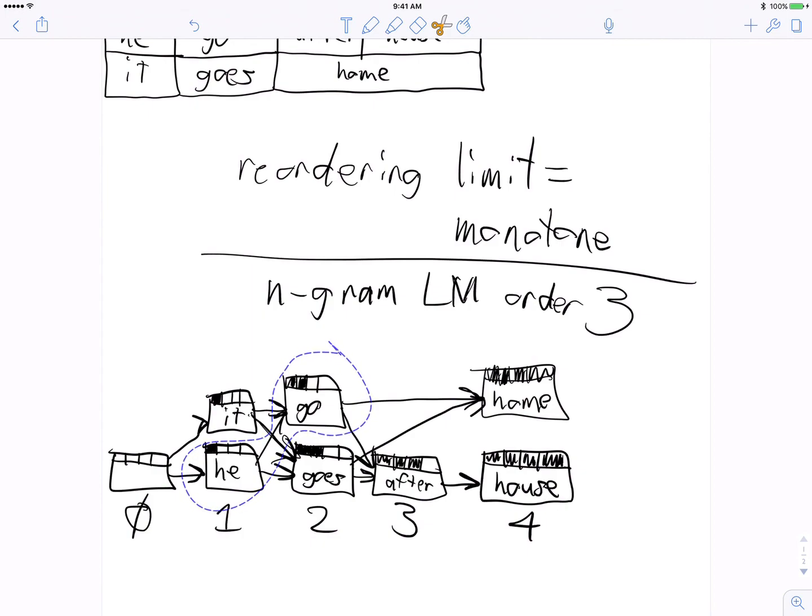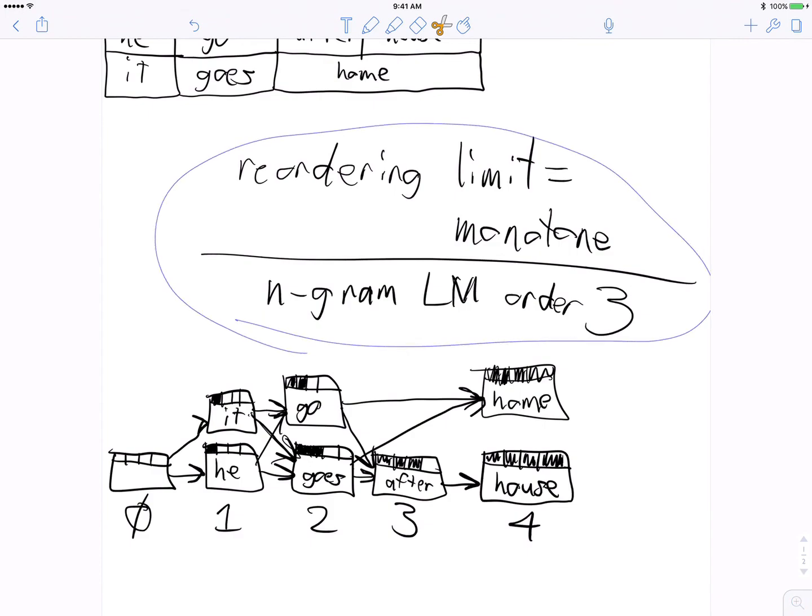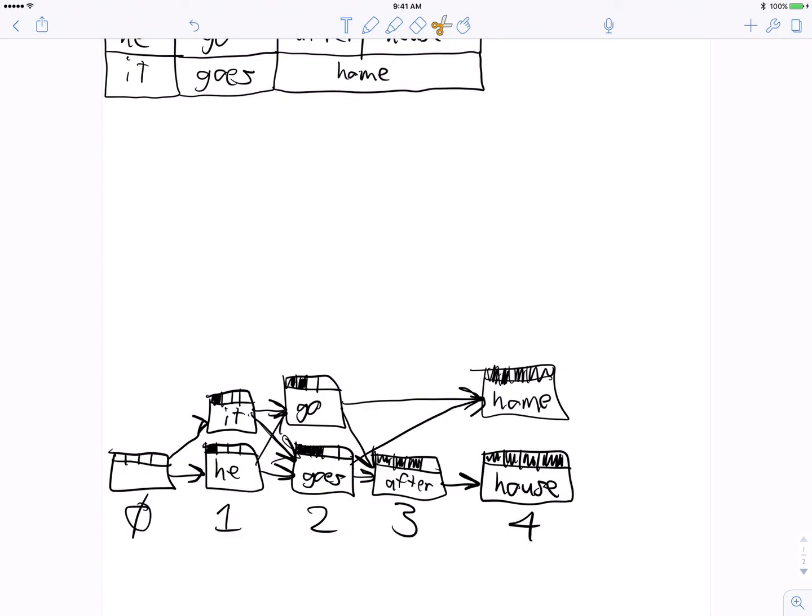Therefore, this node would have had to have been 2 separate nodes. One coming from he and one coming from go. Or, excuse me, one coming from he and one coming from it.